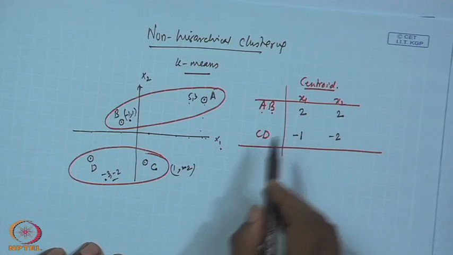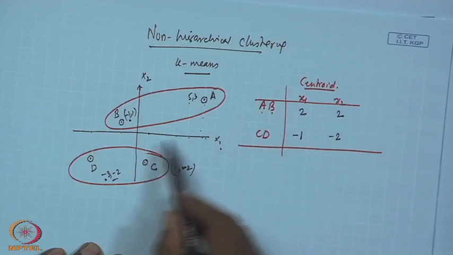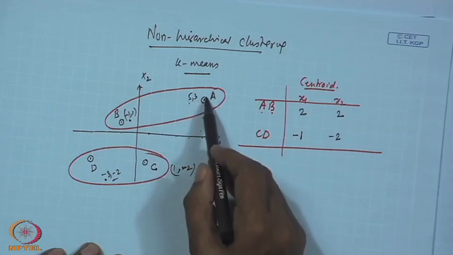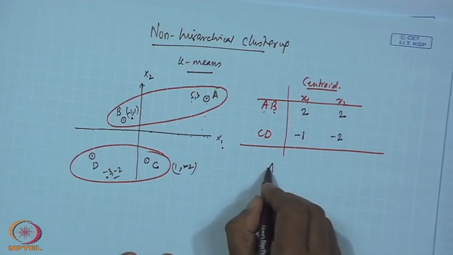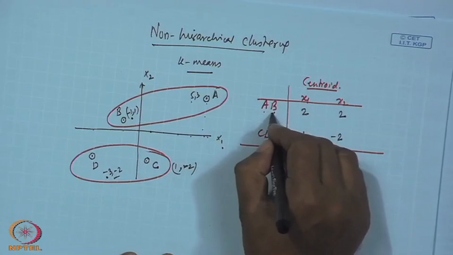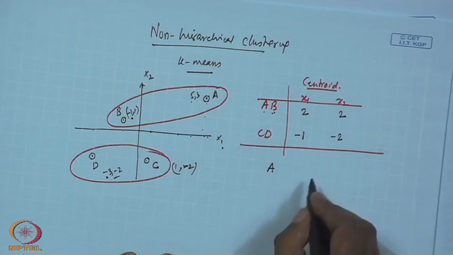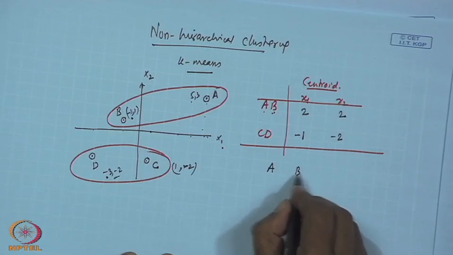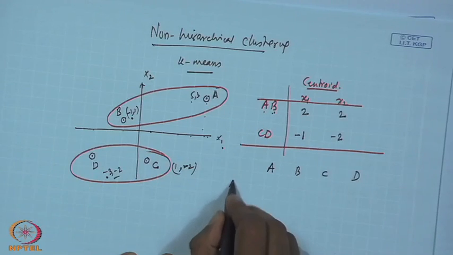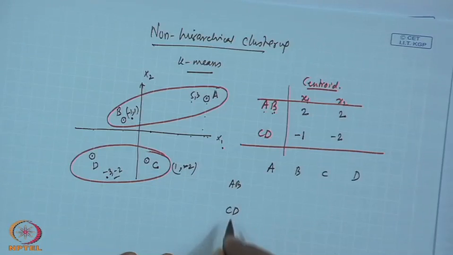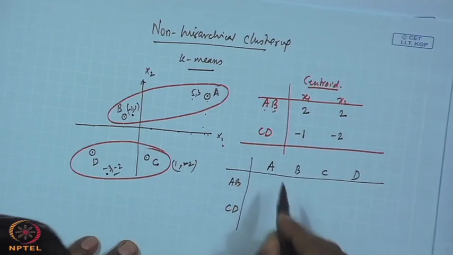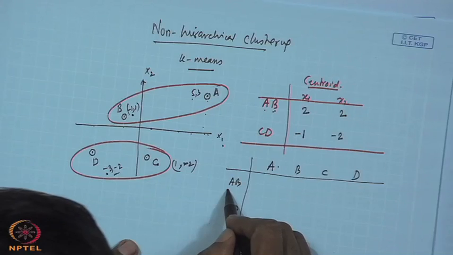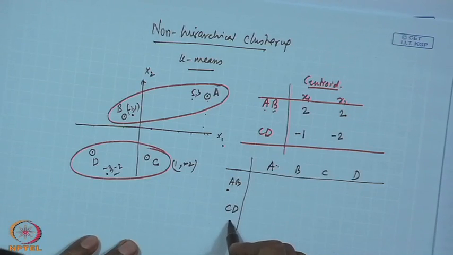Then you calculate again for all the points, A, B, C and D, whether they are truly falling under AB or CD. Now find out the distance between A and AB, A and CD.